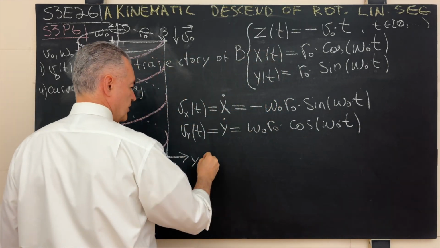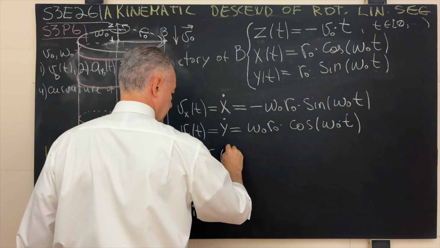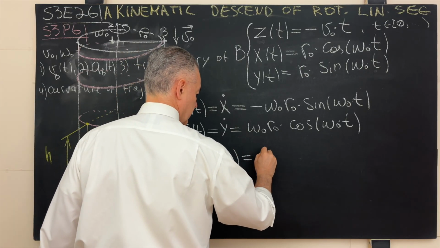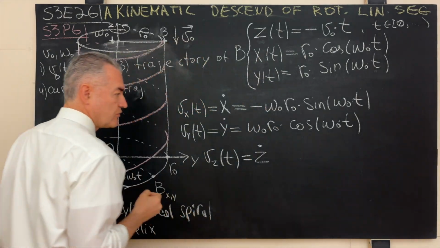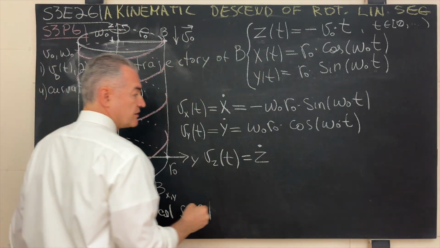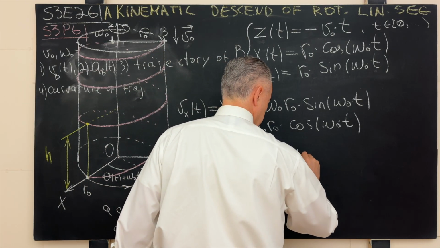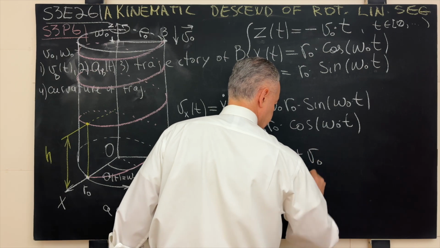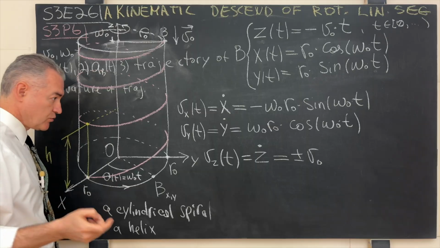And what do we have for the z component of the velocity of the point B? Well, this will be the first derivative of the z coordinate of that point over time. Let's do this. I will write plus minus v0, and the explanation for the plus minus is already straightforward.